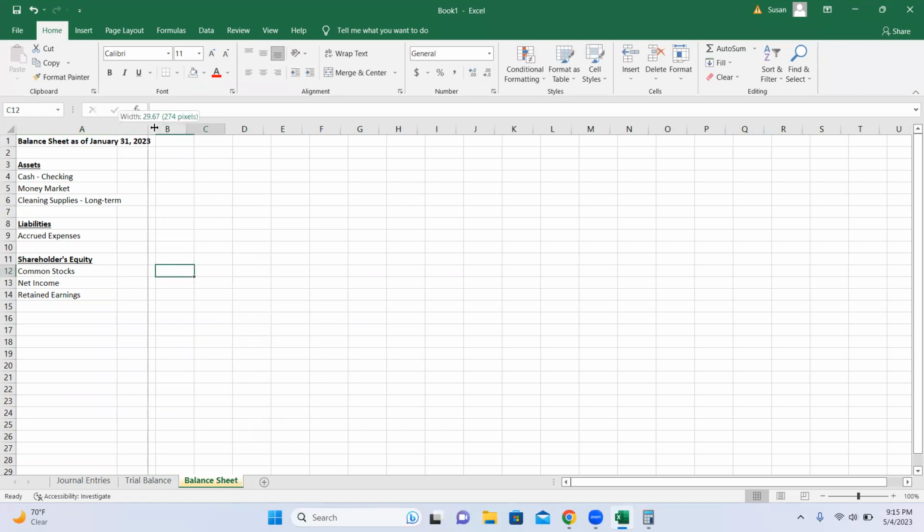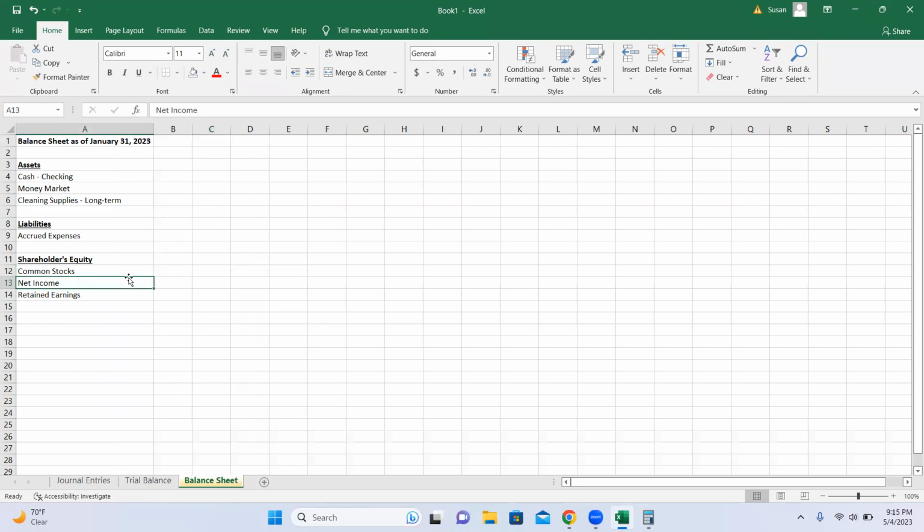And net income, this will come from the income statement. Retained earnings, it's not going to have anything for the first year because retained earnings is basically when you close out your income statement, you close out your net income numbers and put it to the retained earnings bucket.